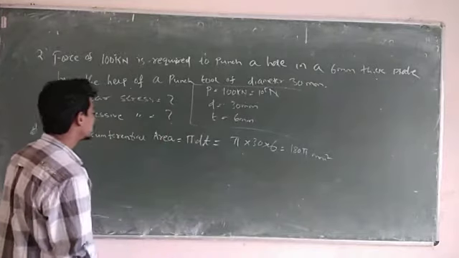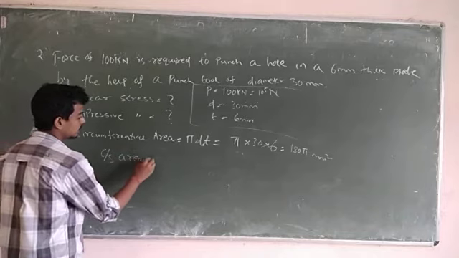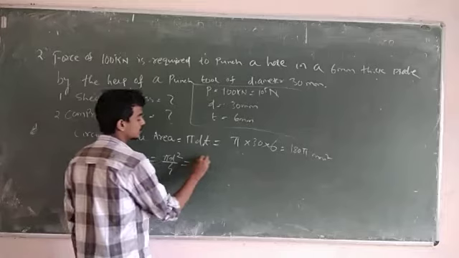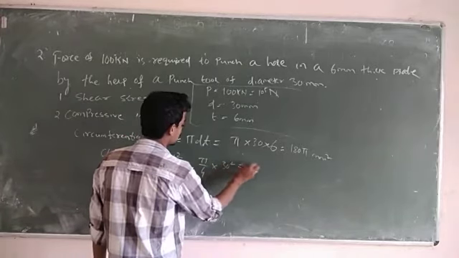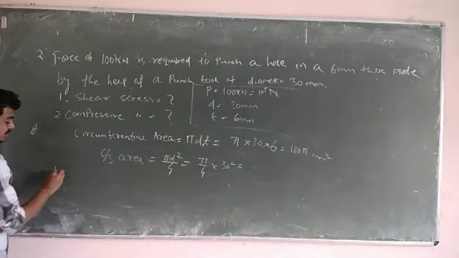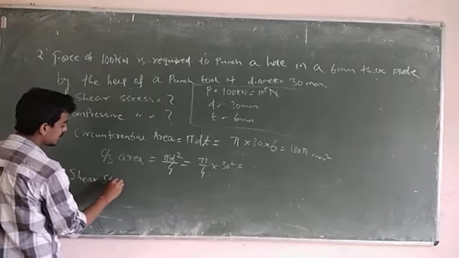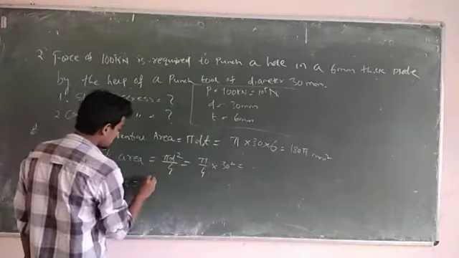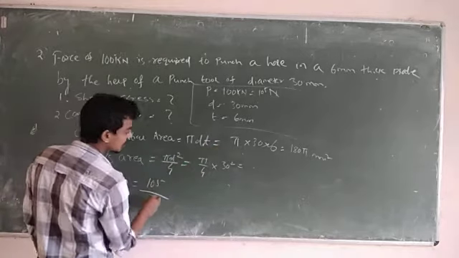Now find out our cross sectional area, that will be pi d square by 4. So it will be pi by 4 into d means 30 square. So whatever it will come. Then you would find out shear stress and compressive stress. So shear stress will be how much? Load by circumferential area. So load is 10 to the power 5 Newton by circumferential area, that is 180 pi.